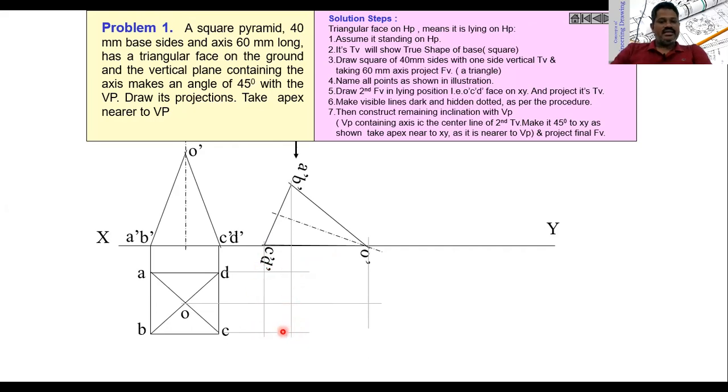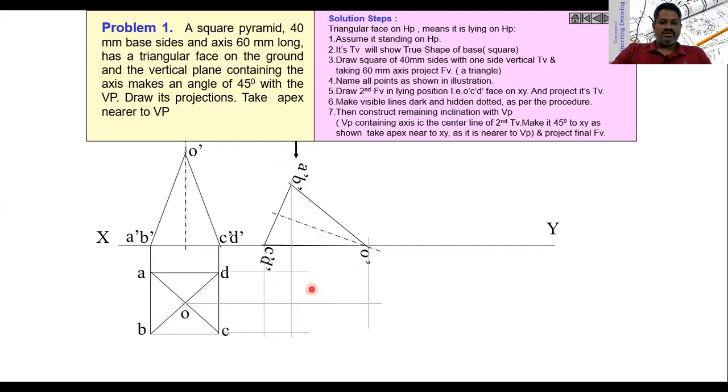So this is exactly the bottom of the square pyramid when we see from the top, when it is lying on the ground with one of the triangular faces on the ground.